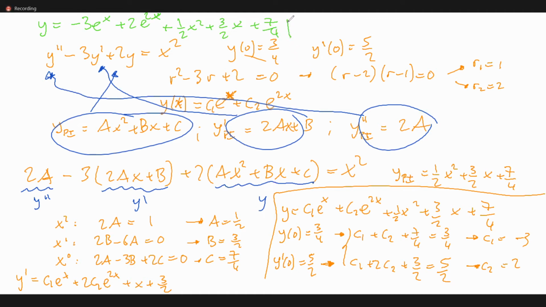So this here is the exact solution to this differential equation and these initial conditions.